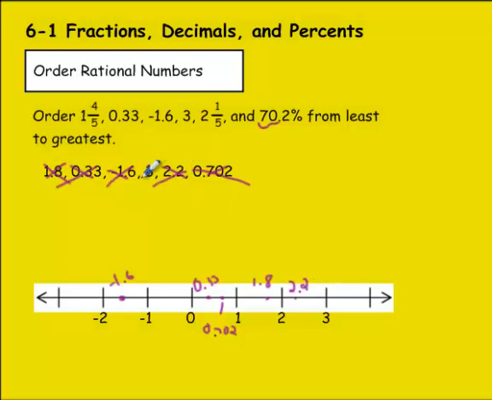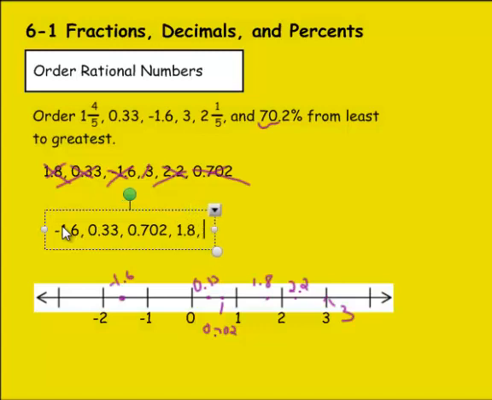And then just 3 we are left with here. So 3. So if I'm going to write this out, now that I have them all listed from left to right, I can order them from least to greatest. So -1.6, 0.33, 0.702, 1.8, 2.2, and 3. So there they are listed from least to greatest.